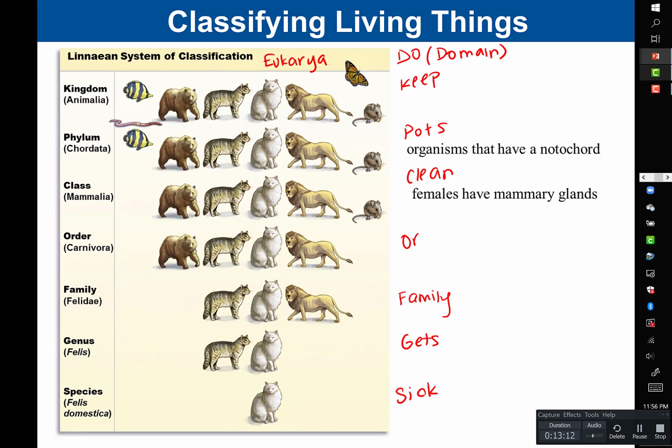Now, I'm going to give you a biological definition of what is a species, right? How do we classify something as being a species? And so I'm going to make a little box here.